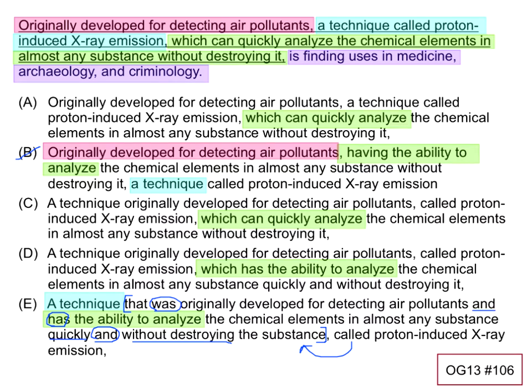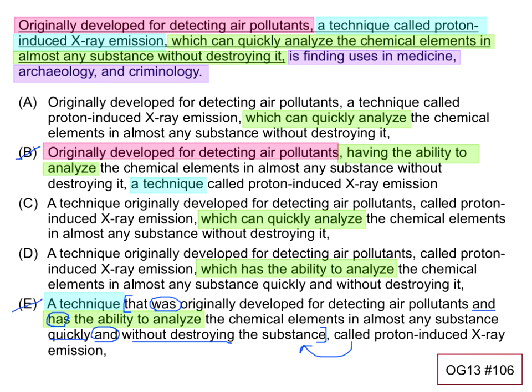If you only had this sentence, so if you had no idea that the technique was supposed to be called proton-induced X-ray emission, you'd be thinking the substance was called proton-induced X-ray emission. Yeah, that's a problem. All right, so E, oh, no good there.